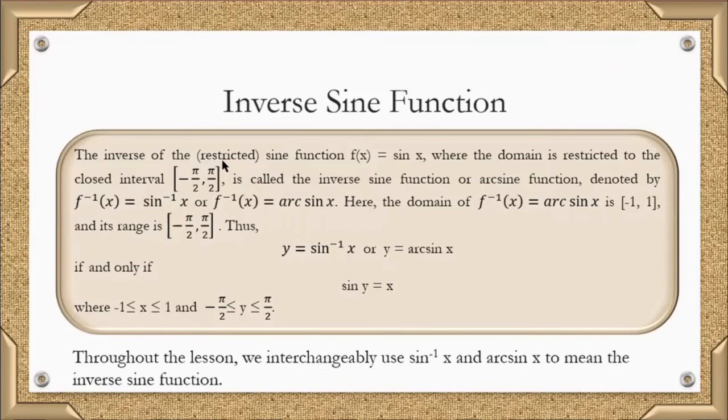So, the inverse of the restricted sine function, f of x equals sine x, where the domain is restricted to the closed interval between negative pi halves, comma, pi halves, is called the inverse sine function or arcsine function, denoted by the symbol f inverse of x equals the inverse of sine x, or the inverse of the function f of x is equal to arcsine x.